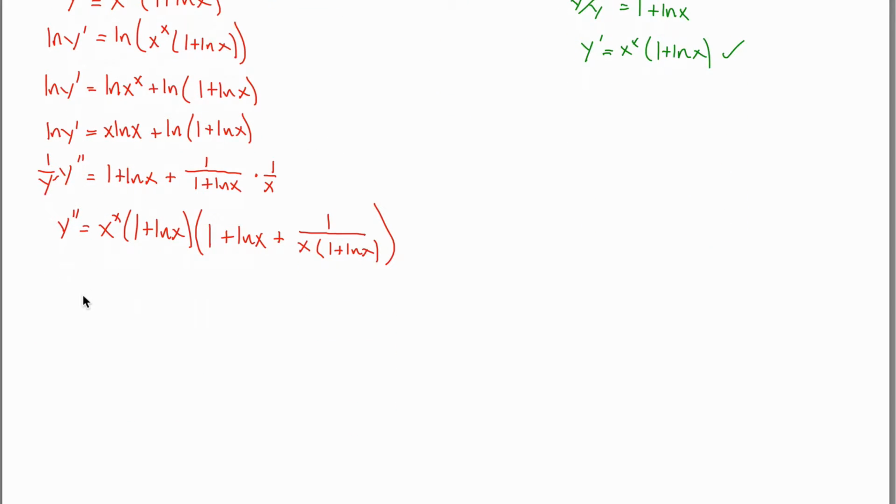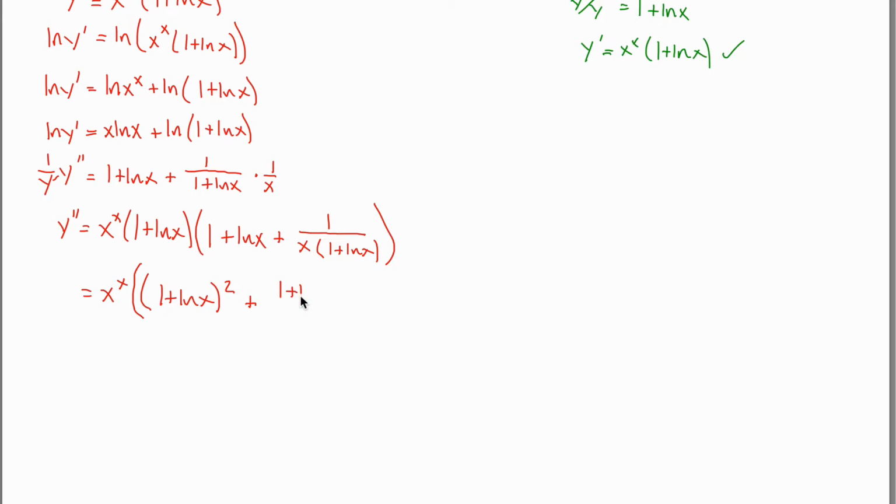So what I could do is take this and multiply it by this entire thing here to get 1 plus the natural log of x squared. So that's this times this. But then I still have to multiply it by this thing.